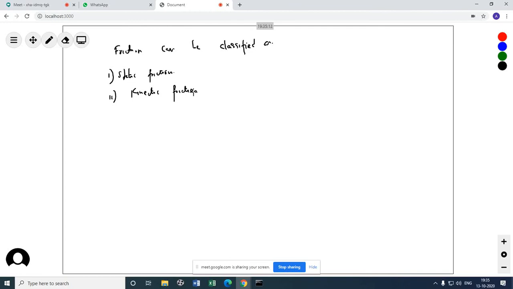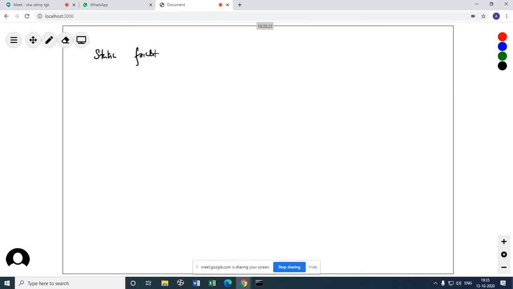There is also something called limiting friction. I will come to that. So we'll first understand what is static friction.